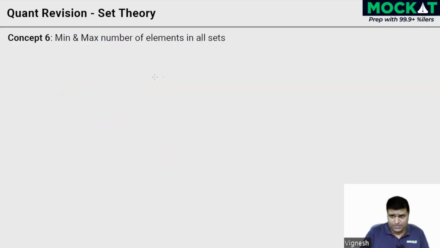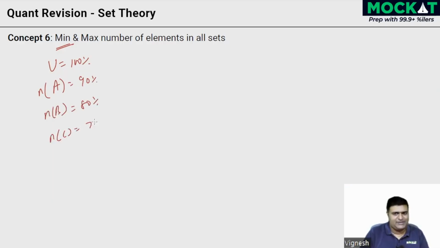So the last concept over here before we take the examples: min and max number of elements in all sets. Minimum number in all sets, there's a specific formula for that. So if the universe is defined as 100%, let's say the number of people in A is given as 90%, the number of people in B is 80%, and the number of people in C is 75%. There are only 3 sets.